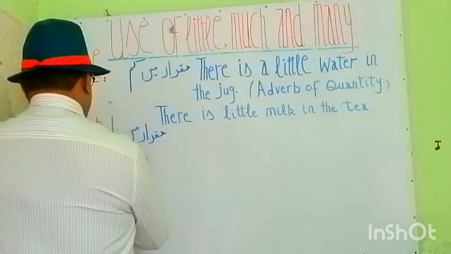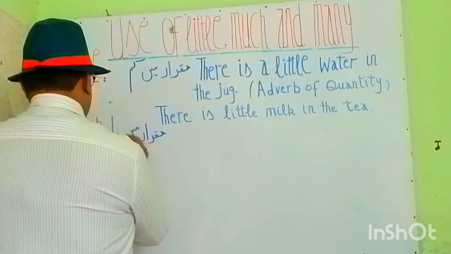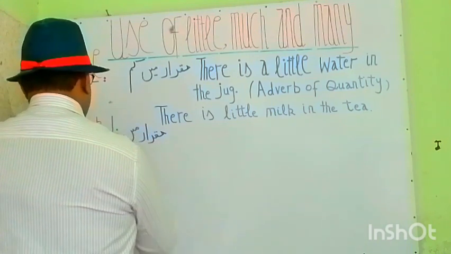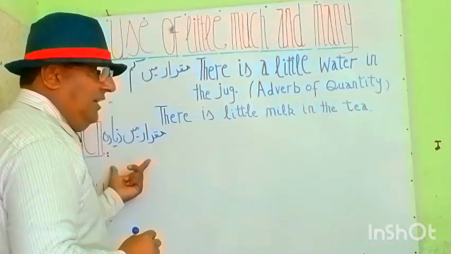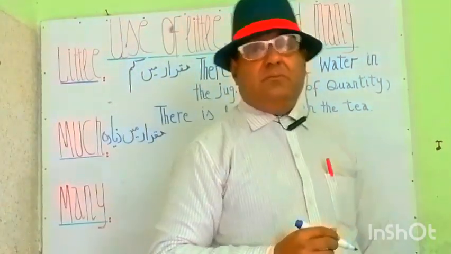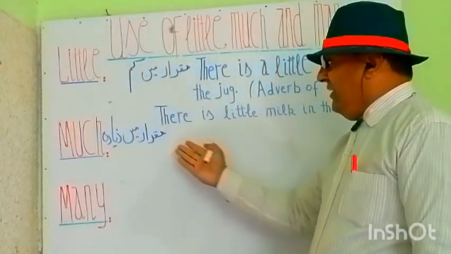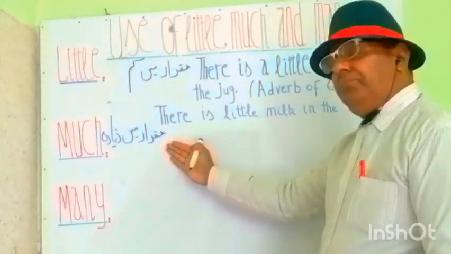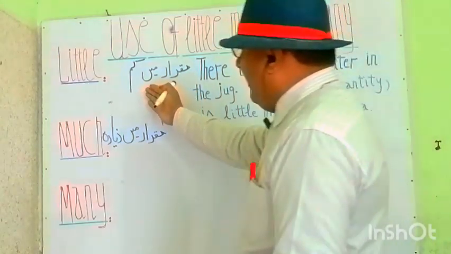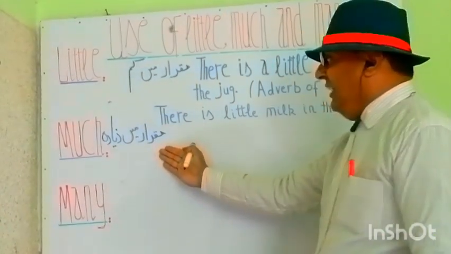So you see, the next adjective of quantity is much. So much मिकदार में ज़्यादा, little मिकदार में कम और much मिकदार में ज़्यादा.